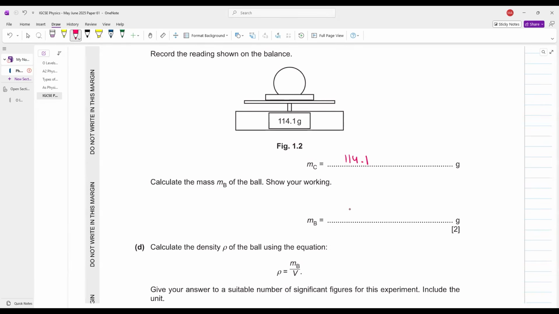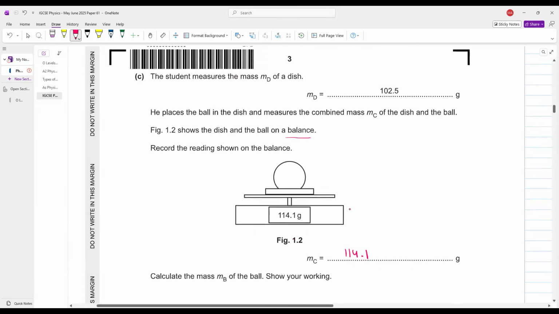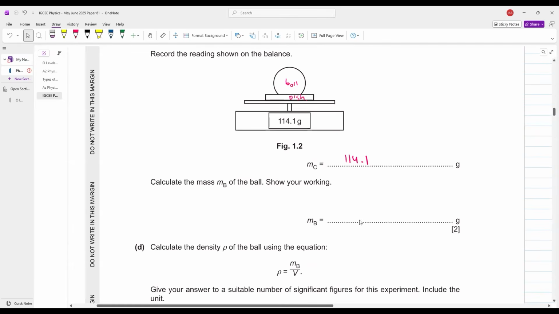Calculate the mass of the ball. How will you calculate the mass of the ball? बेटा ये जो आपकी रीडिंग आई है 114.1 grams, this is of the ball and the dish. ये बॉल और डिश की कंबाइंड रीडिंग है। If you subtract the mass of the dish you will get the mass of the ball. So you take the combined mass minus the mass of the dish is equal to the mass of the ball.